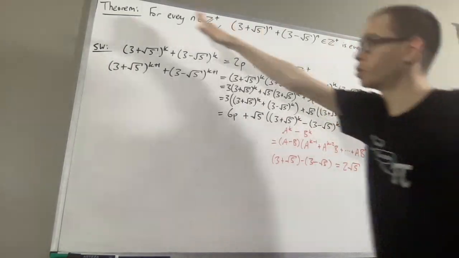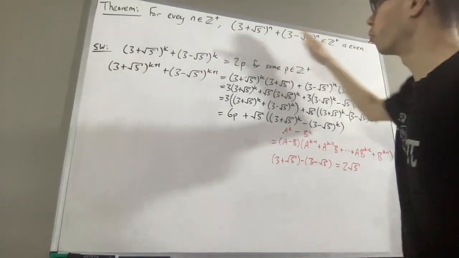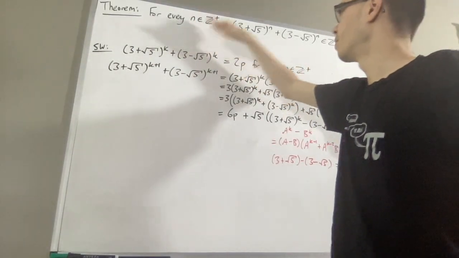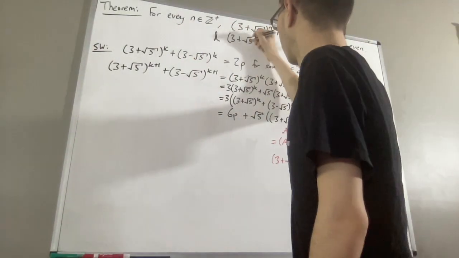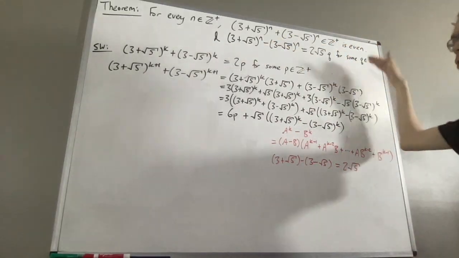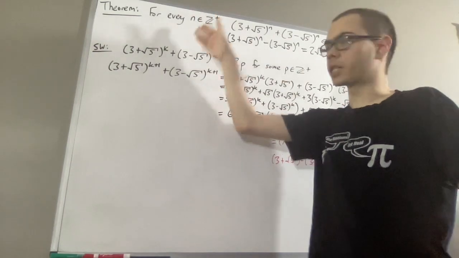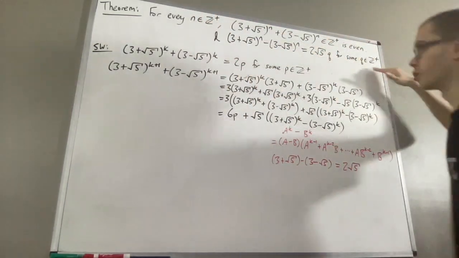So we're going to modify the statement that we are proving slightly. We're going to prove by induction for every positive integer n, this is true and this is true.